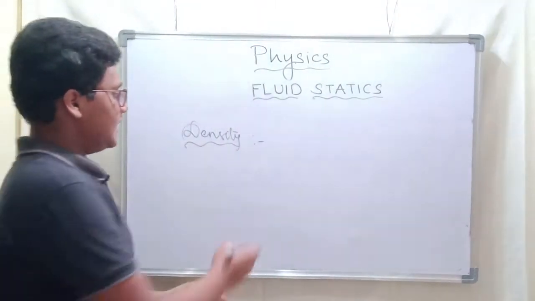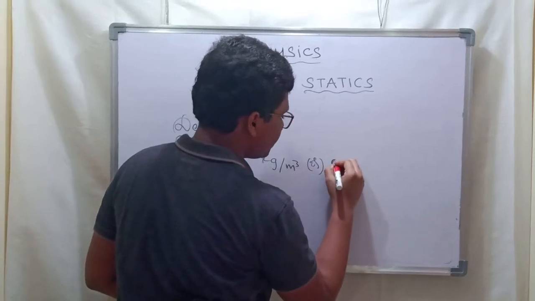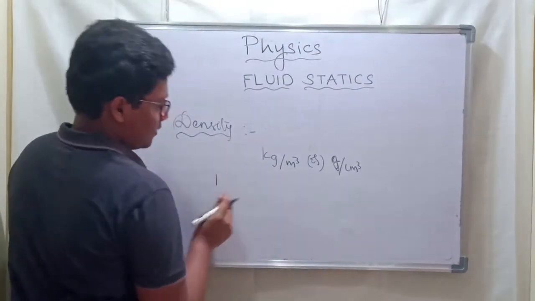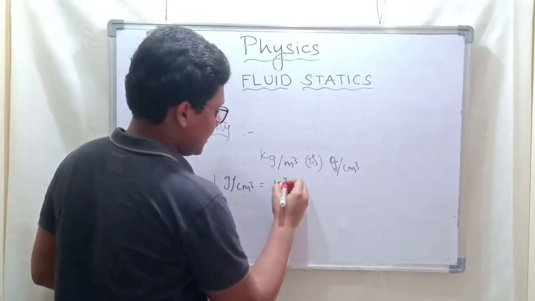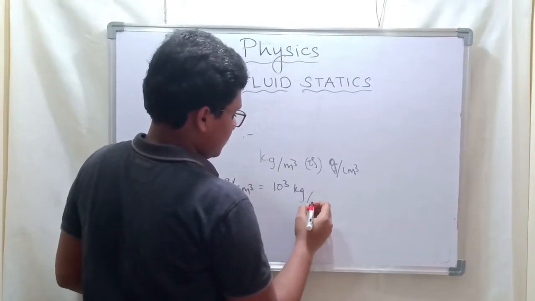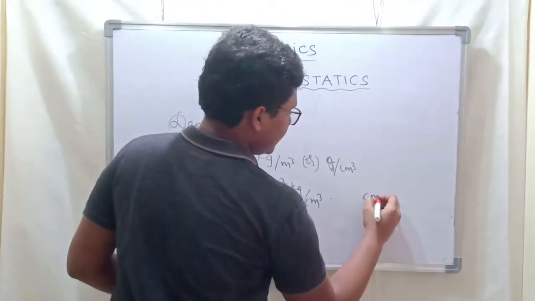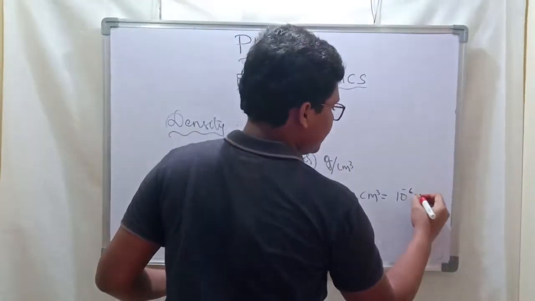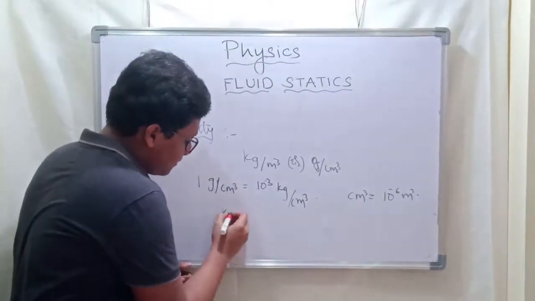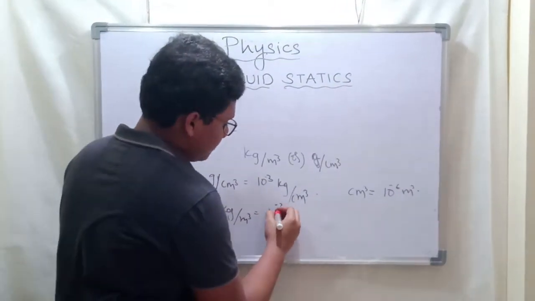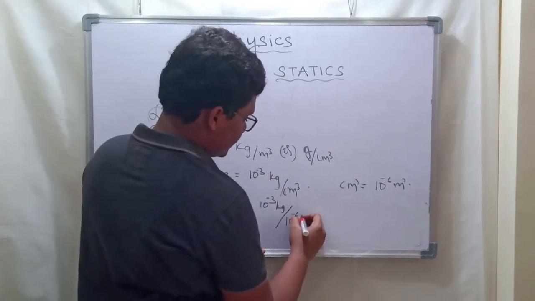Now density units. Density is measured in kg per meter cube or gram per centimeter cube. 1 gram per centimeter cube is equal to 10 power minus 3 kg per centimeter cube. 1 centimeter cube is equal to 10 power minus 6 meter cube, and we need kg per meter cube, so we convert. 10 power minus 3 kg per 10 power minus 6 meter cube.